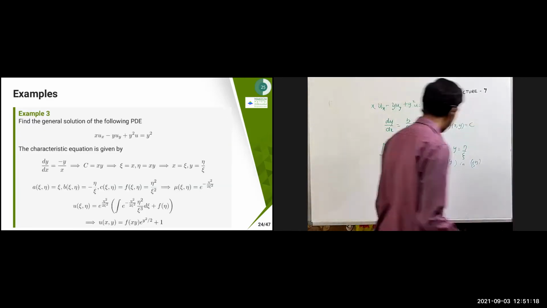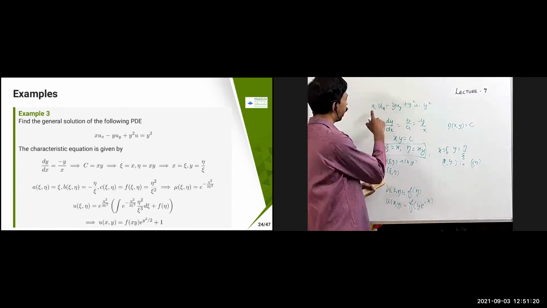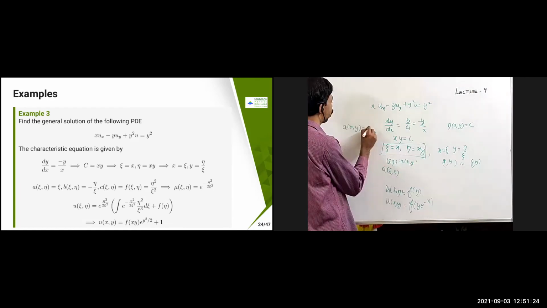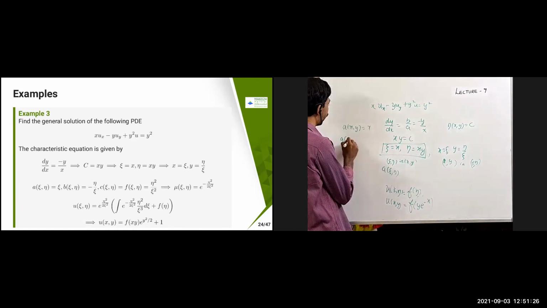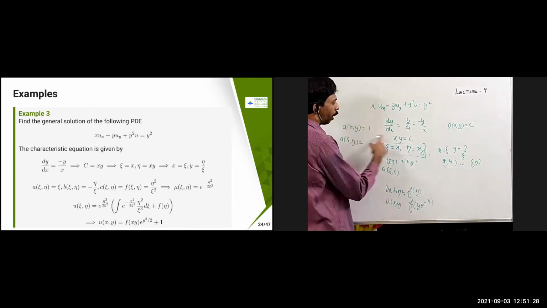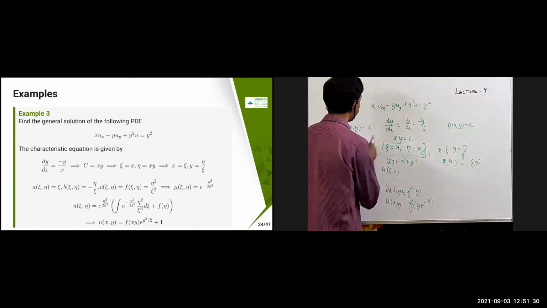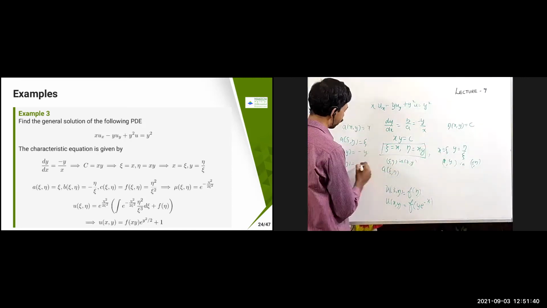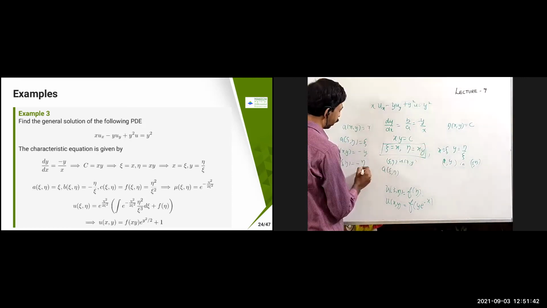So a of chi comma eta is a of x comma y, which is x. So a of chi comma eta is going to become chi. And what is b of x comma y? B of x comma y is minus y. Therefore b of chi comma eta is going to become minus y, so minus eta by chi.